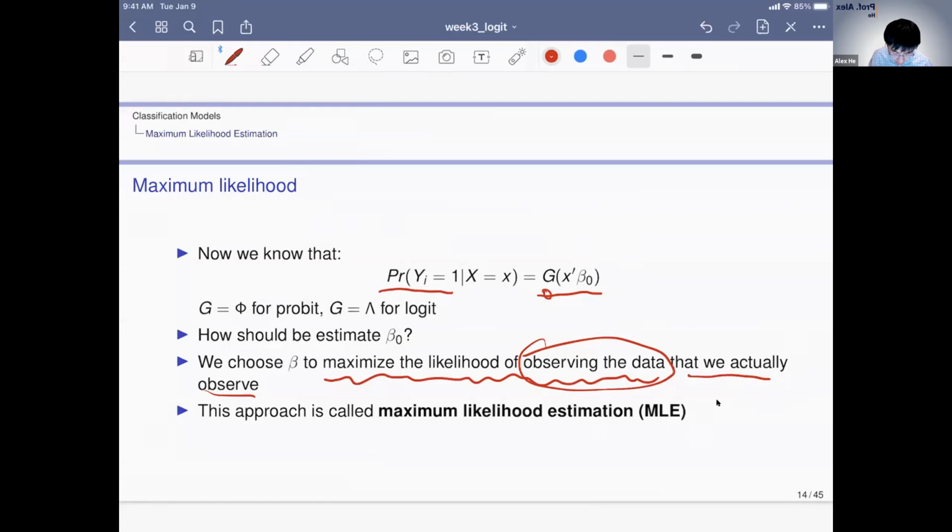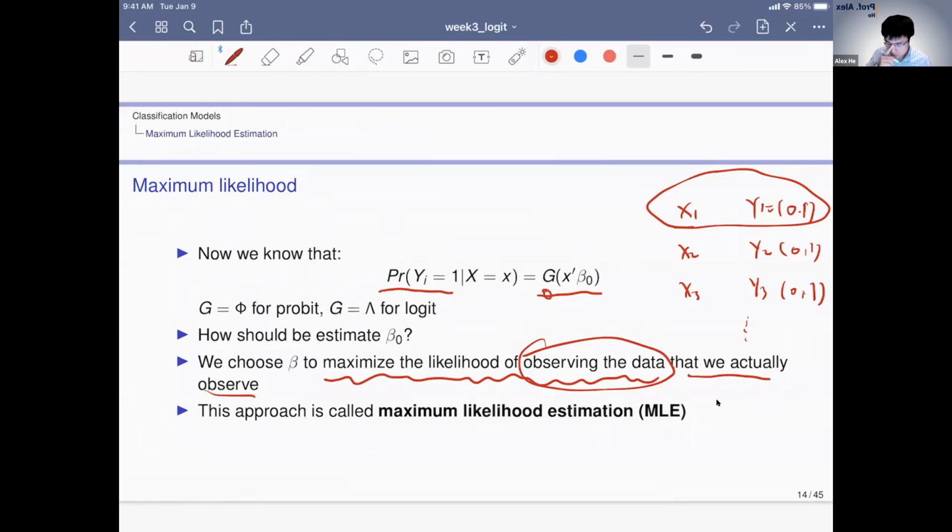So in the data, we would observe a number of observations, right? For example, you have x1, and then you have y1, which equals 1 or 0. And then you have x2 and y2 and x3 and y3, etc. And all the y's are either 1 or 0. So let's just take one of them, x1 and y1.